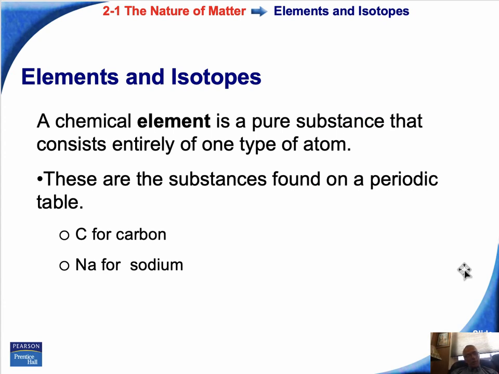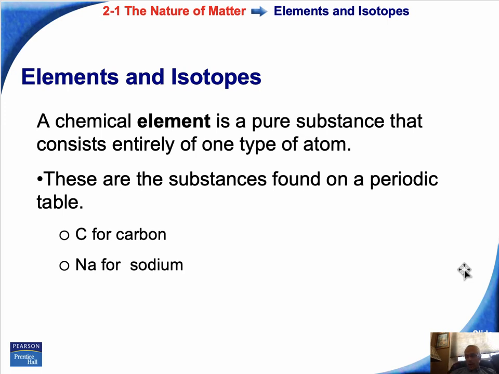An element is a pure substance. These are the substances that make up all other types of substances in the universe. There are about 90 naturally occurring elements in the universe, and these are the substances we find on a periodic table. And we'll take a look at a periodic table, a simplified one, in just a minute.